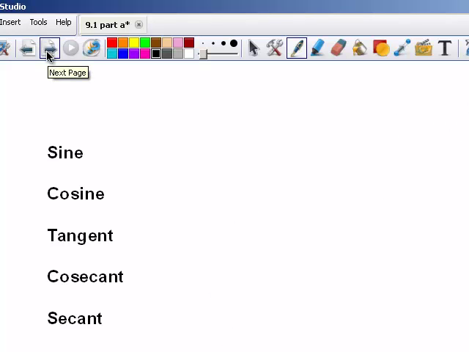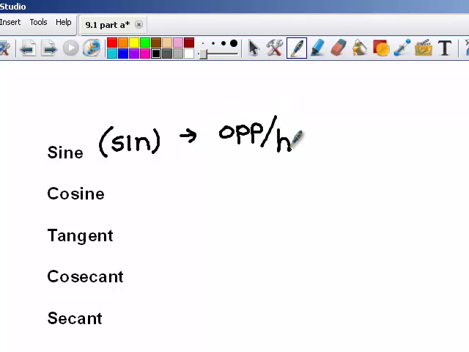So the 6 trig functions that we can come up with are sine, cosine, tangent, cosecant, secant, and cotangent. The sine is always going to look like this in your book, and it's always opposite over hypotenuse.